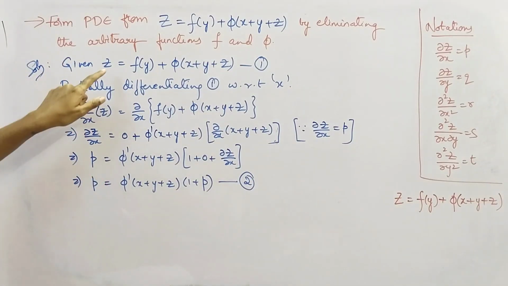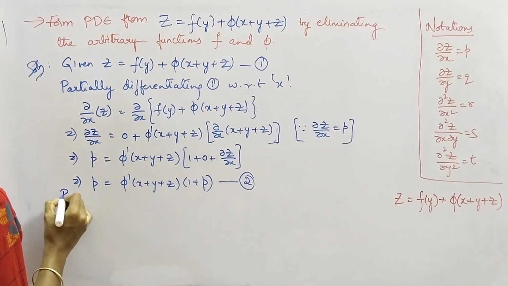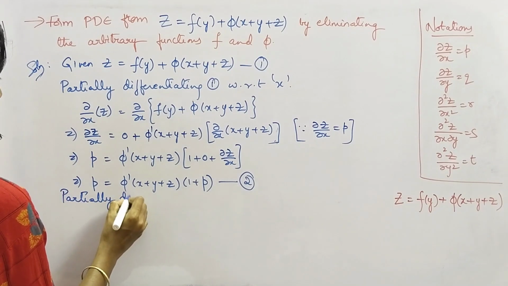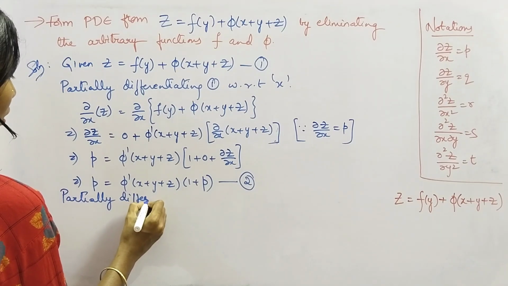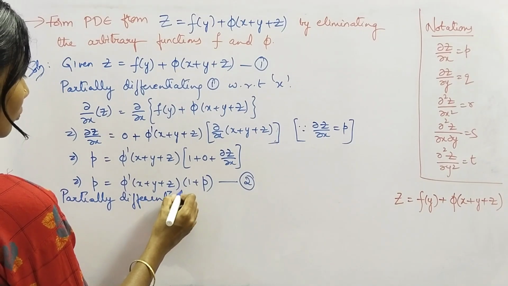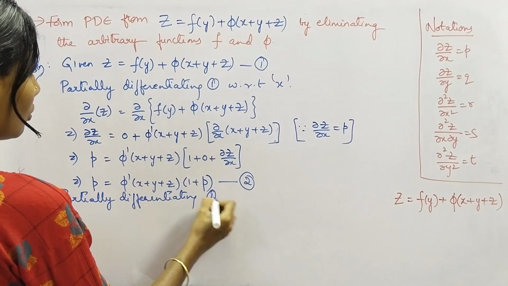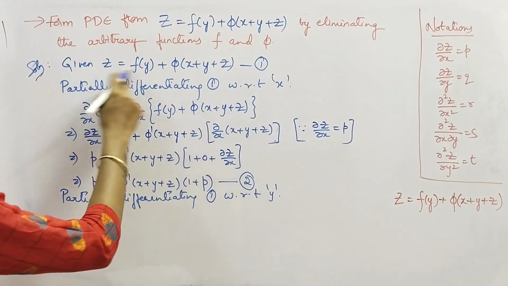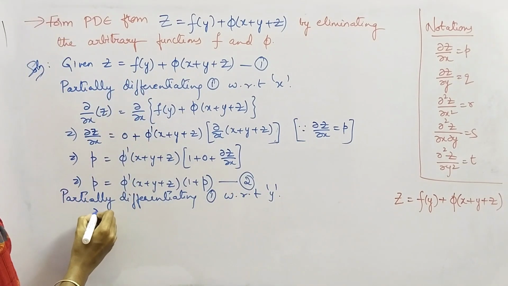Now let's partially differentiate 1 with respect to y. Partially differentiating 1 with respect to y. Just apply dou y on both sides of 1.